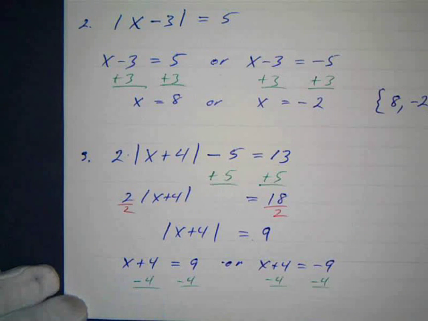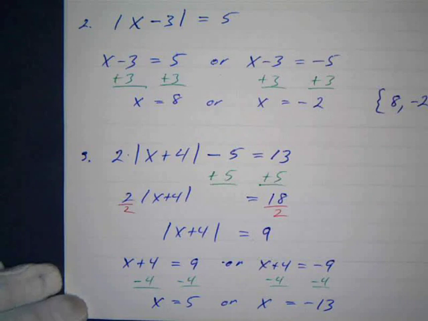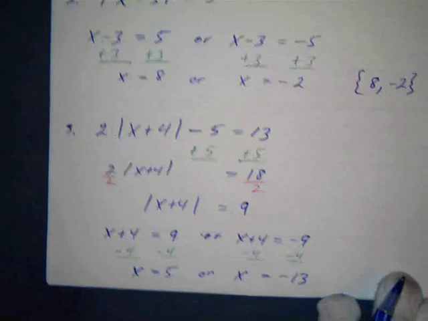So that's 0, x plus 0 is x, so I have x equals 9 minus 4 is 5, or x equals negative 13.